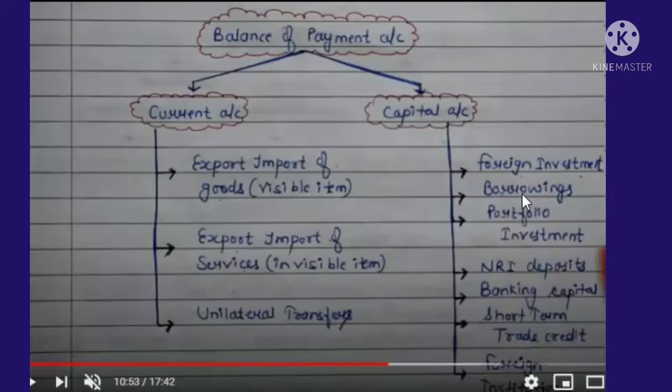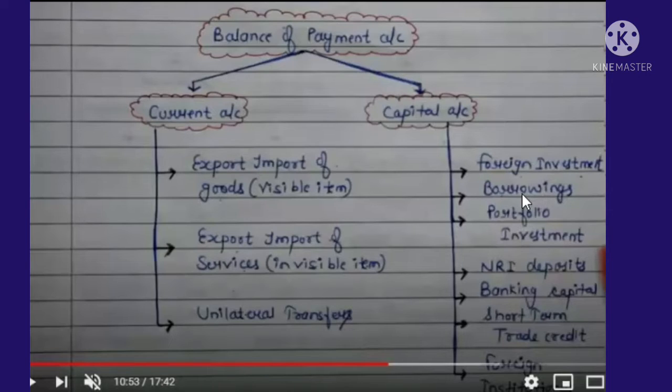For example, the acquisition of a foreign firm by ITC Limited. This investment is foreign direct investment, as it gives direct or full control to the Indian firm over this asset. So purchase of assets from abroad is recorded on the debit side, and sale of assets to abroad is recorded on the positive side of the BOP.